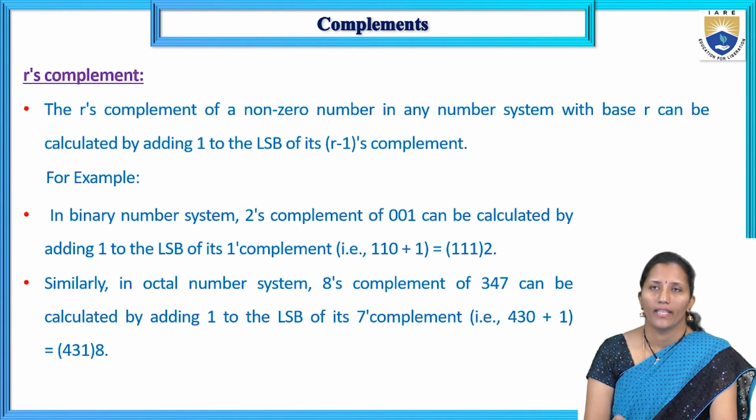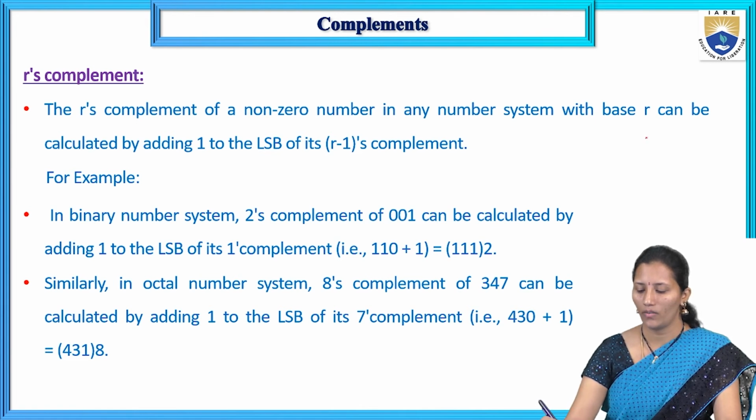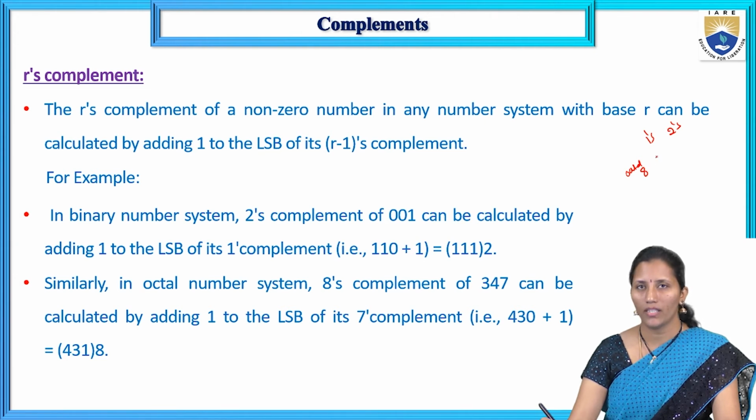Okay. Here, r's complement. So for binary, it is easy to do 1's complement and 2's complement. But for octal, the radix is 8. So we can perform subtraction by either using the diminished radix method, r minus 1, that is 7's complement, or 8's complement.